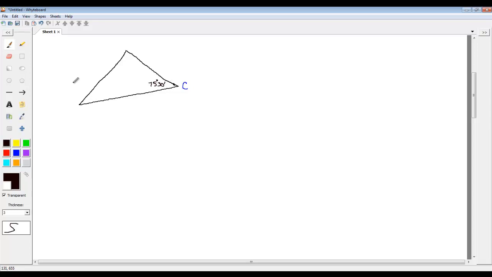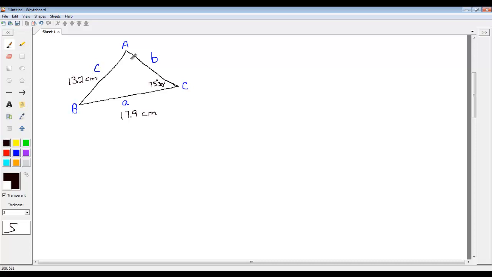Let's do A and B for the angles. And let's say you know side A is 17.9 centimeters. And let's say you know side B is kind of out there, but you don't know what the length is. And then you know for a fact that side C is 13.2 centimeters.